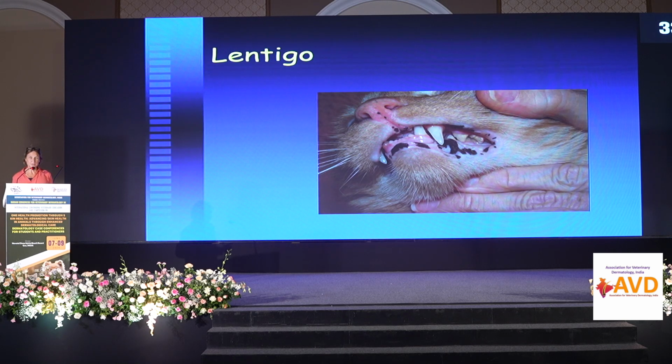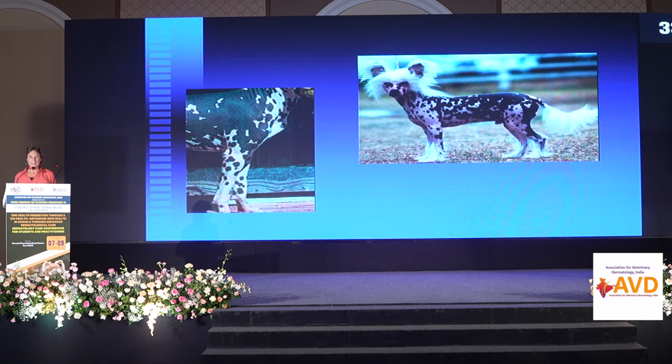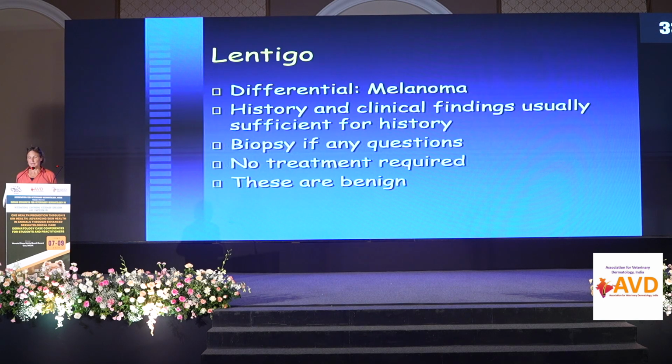These are benign changes. That's who they are. Sometimes people are concerned. They will ask you, is this melanoma? No, this is a normal, benign change for the color of that individual. Again, some breeds of dogs have these spots, and that's normal to them. So these are all genetically inherited changes of the skin associated with hyperpigmentation.